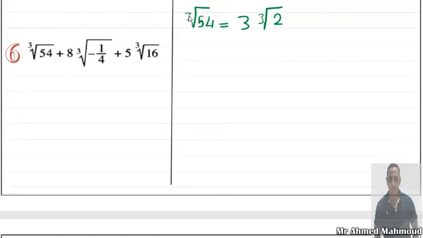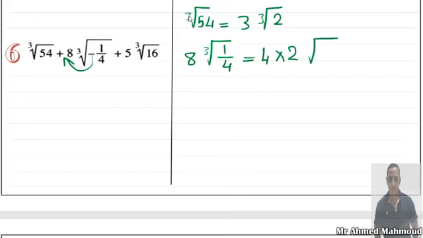Okay, first the negative, we are going to send the negative outside. Okay, here. Now we have 8 cubic root 1 over 4. Okay, I don't need to make the whole 8 inside the root. Then I do what? I will change 8 into 4 times 2.